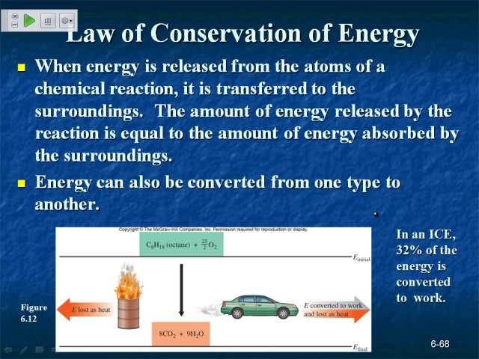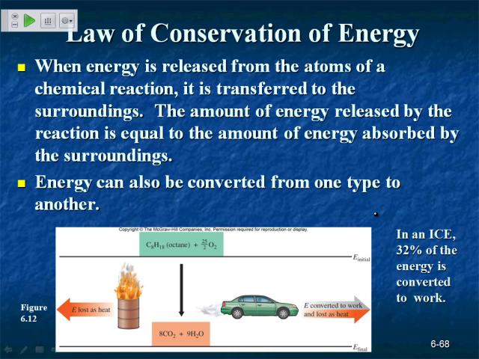So energy we can convert from one type to another, and as I was just saying, all the forms of energy we usually see in our day-to-day life can be categorized as either kinetic energy or potential energy. Now, the law of conservation of energy says that energy cannot be created nor destroyed.